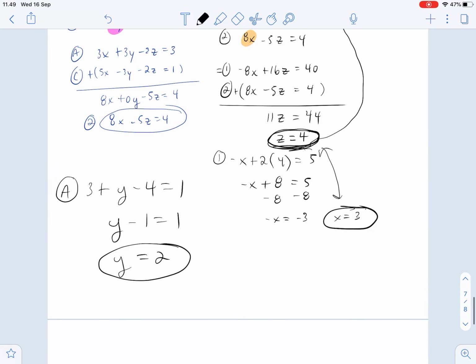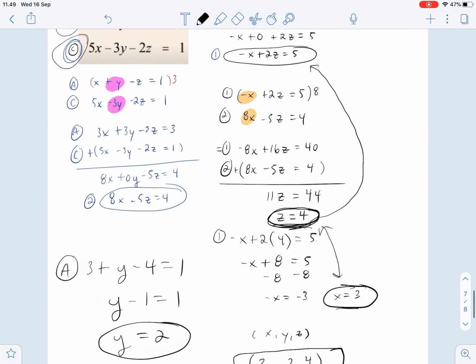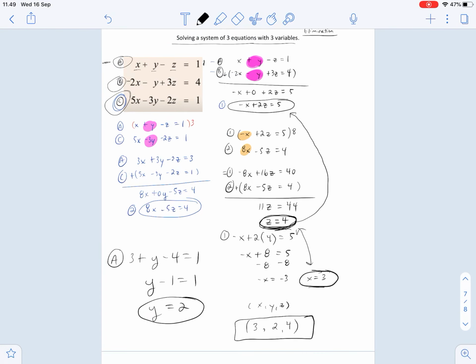Awesome. So our final answer here, which we write as a point in three-dimensional space, is 3, which is our x, 2 for y, and 4 for z. And there is the solution to our system of equations.